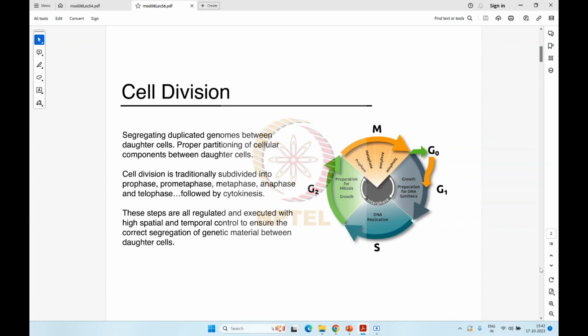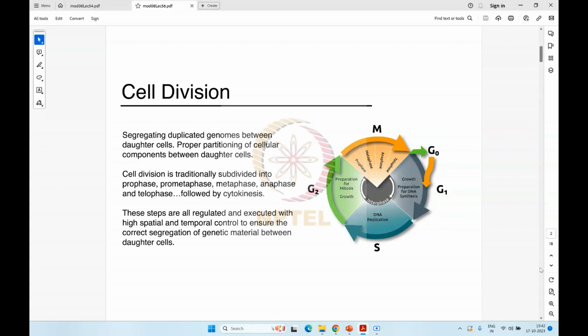Sometimes a stem cell might divide to give rise to one differentiated cell and one stem cell, where the stem cell goes back into the reservoir of stem cells, whereas the differentiated cell goes ahead to perform all the functions.